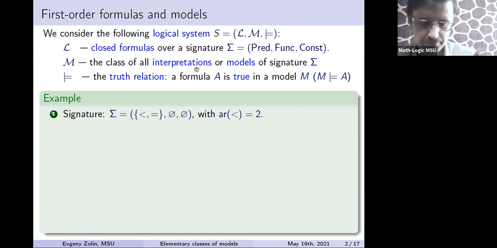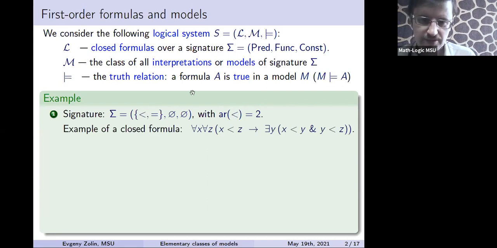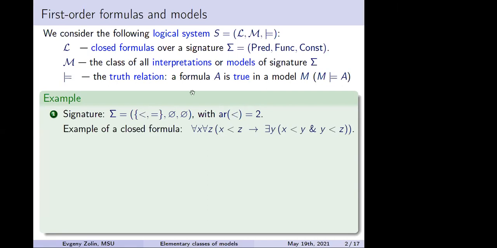So for example, we have the signature of ordered sets. We usually have equality in our signature, and additionally here we have a binary relational symbol less. This is an example of a closed formula.